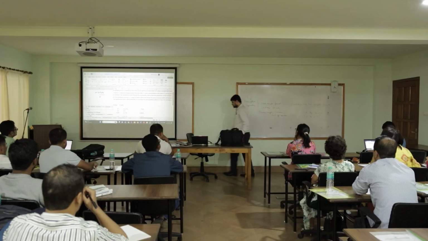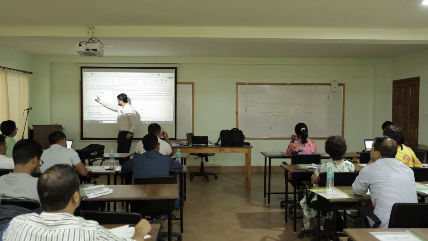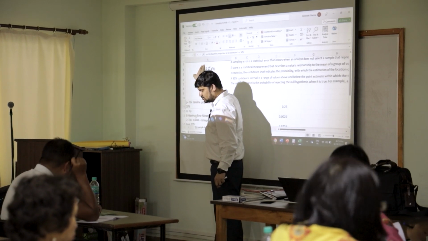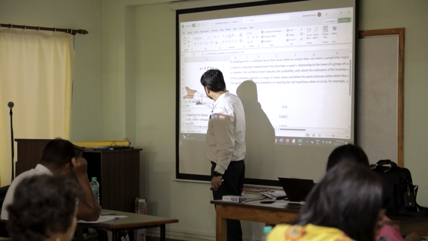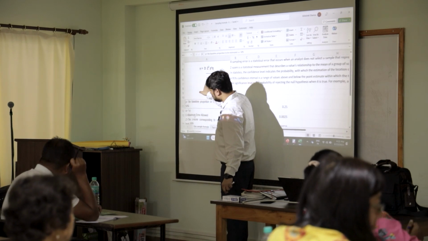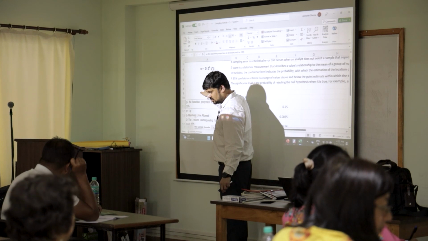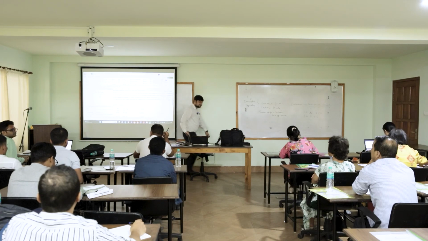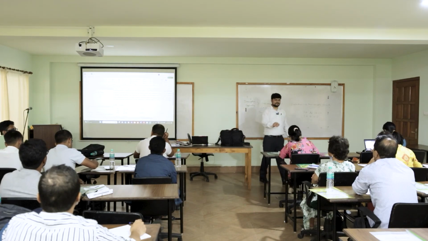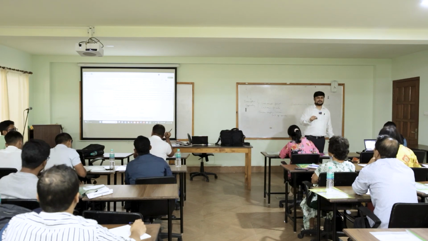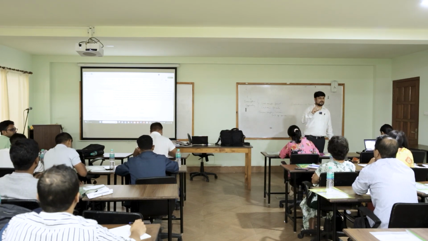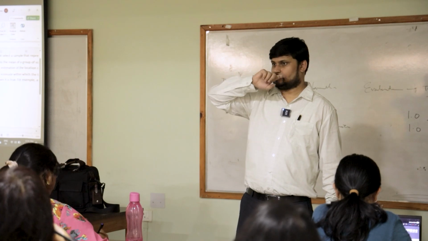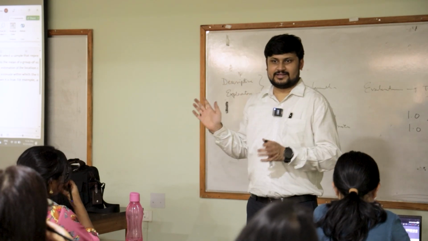As you can see here, your sample size is directly proportional to the design effect, which means if the design effect goes up, your sample size also goes up. And it is inversely proportional to the sampling error. So the lower the sampling error, the higher the sample size would be. If you try to reduce the sampling error, your sample size will shoot up by a good margin, because it is inversely proportional to the square of the sampling error. But I'll just put that in English right now.